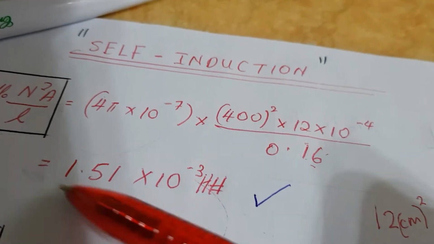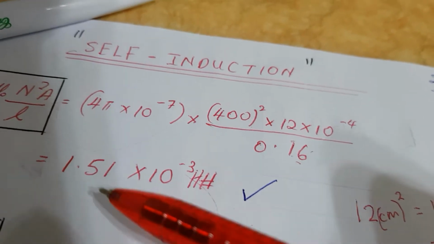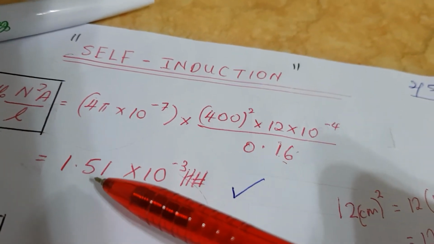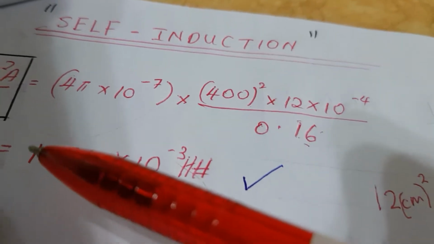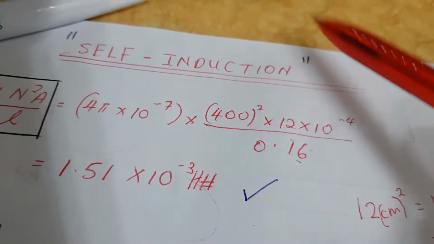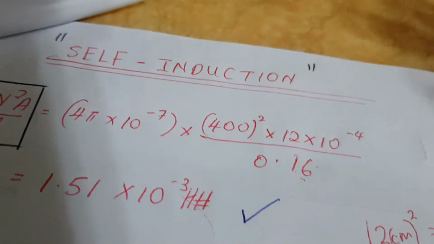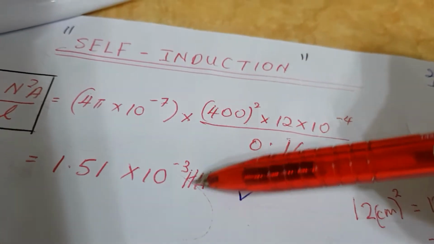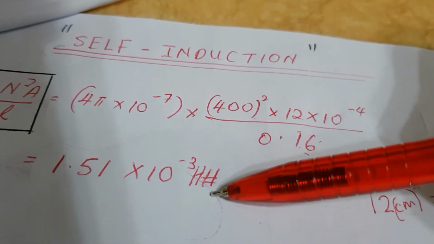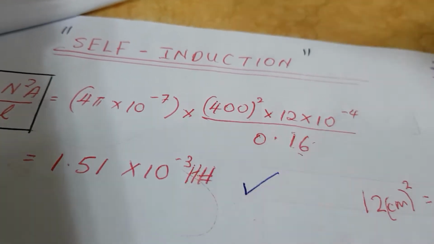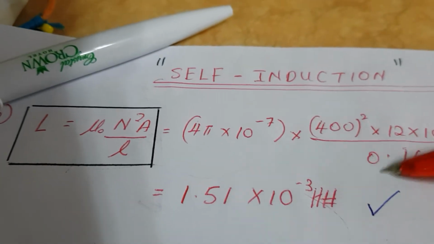If you put 1.50, then it's wrong. If you want to put 3 significant figure, it should be 1.51. If 2 significant figure, then it's just 1.5, not 1.50. You can either leave it as times 10 to the power negative 3 Henry or just milli. Okay, so this is the answer for the first one.